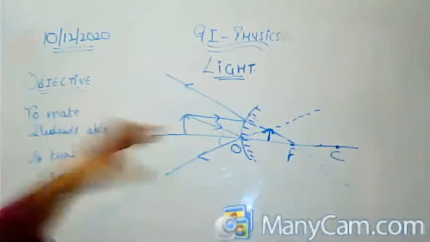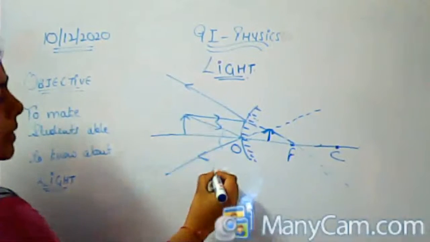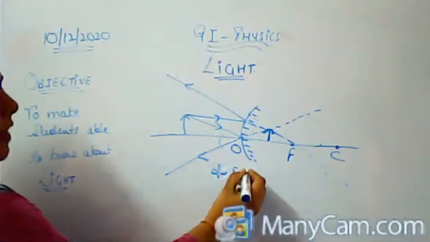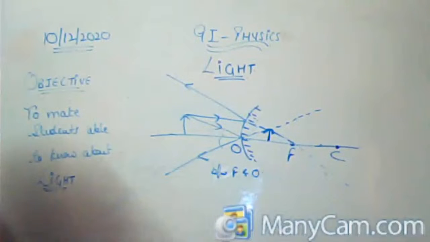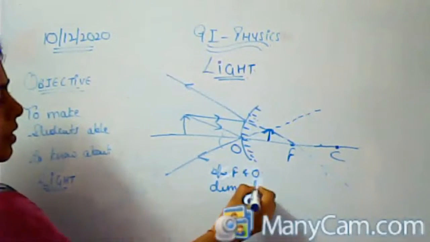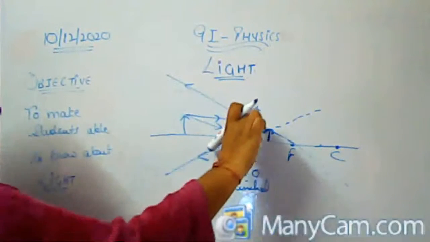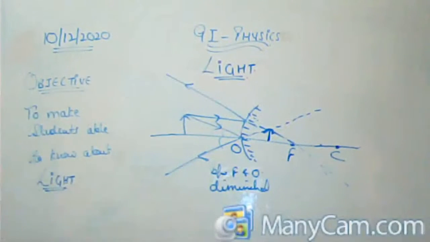Now talking about the image. First is that image is formed between F and O. Fine. Second, it is diminished. क्यों diminished है? Because see, this is the object and see, this is the image you have. Smaller, very smaller.